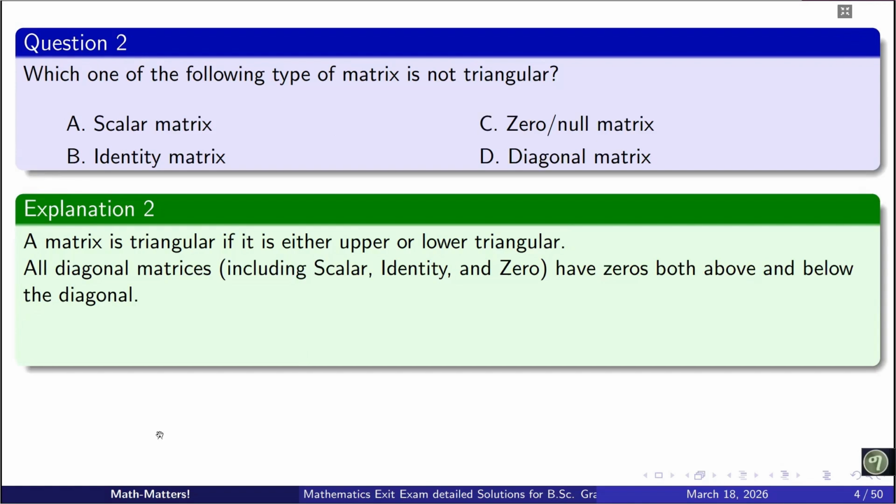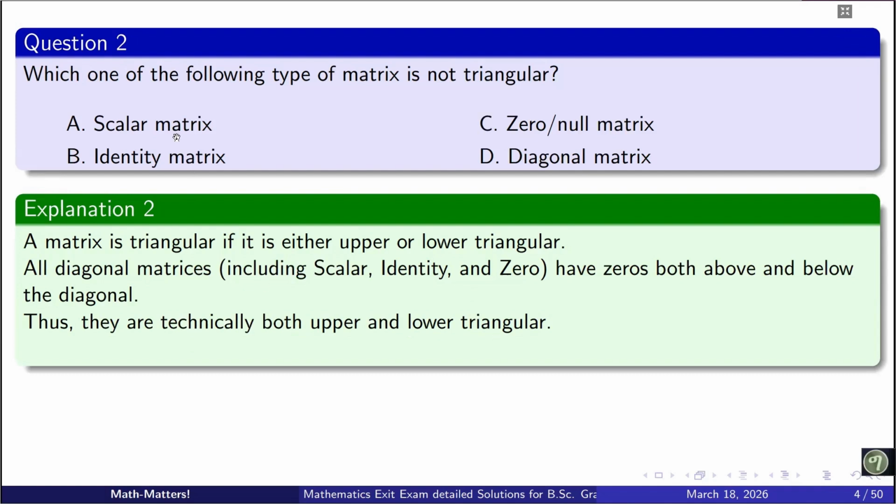You know that all diagonal matrices, including the scalar matrix, which means a type of matrix with some scalar quantities on the diagonal but the other components zero; the identity matrix, a square matrix whose diagonal components are exactly equal to 1 but the other components are 0; and the zero matrix, whose every component is 0, are technically both upper and lower triangular matrices.